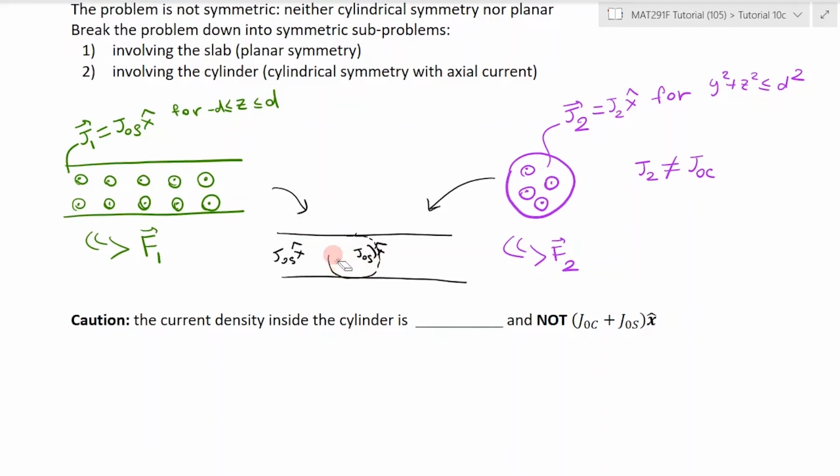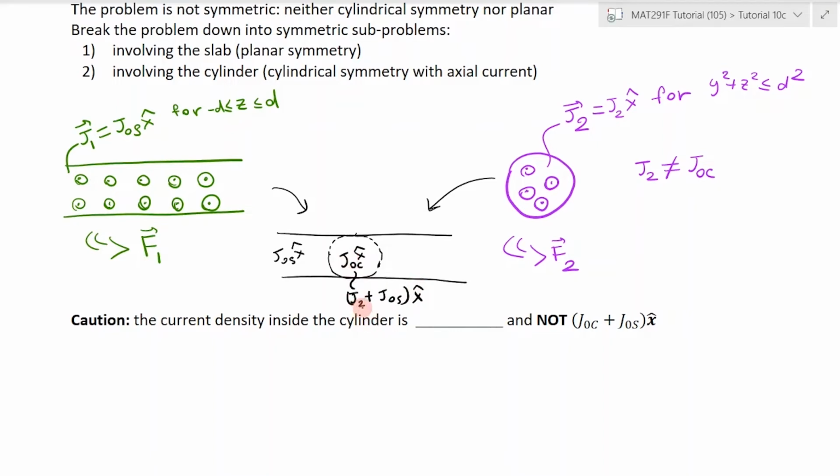So I'm going to erase this, and I'm going to draw the correct current density. This is J naught C x hat. So we want this J2 plus J naught S x hat to give us this.